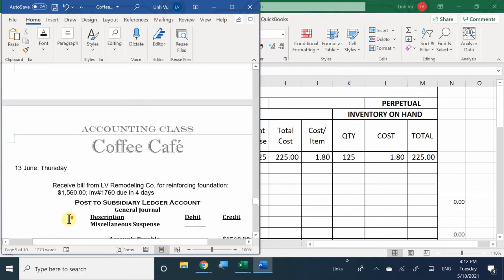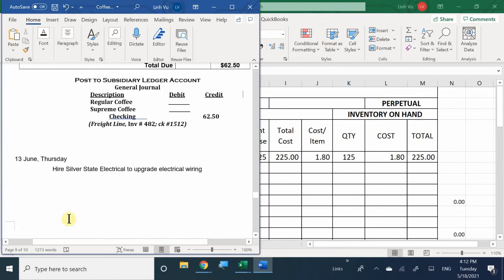For the next transaction, it's the next day now. It is now the 13th, which is Thursday. And now we decided to hire Silver State Electrical to upgrade the electrical wiring for my coffee grinder. We just keep that in mind for now, because we only hired them.